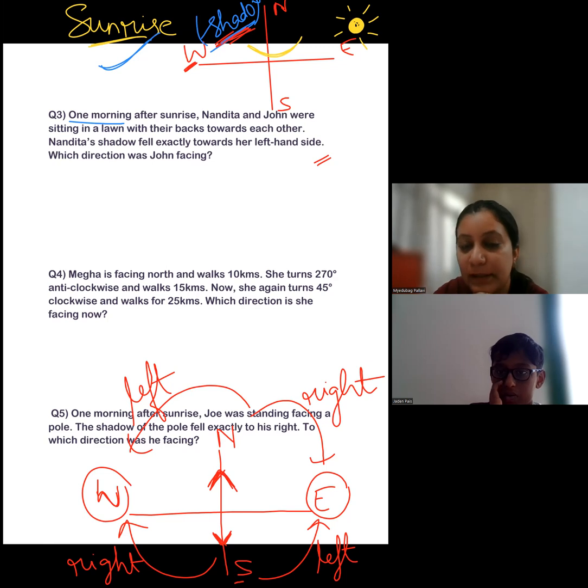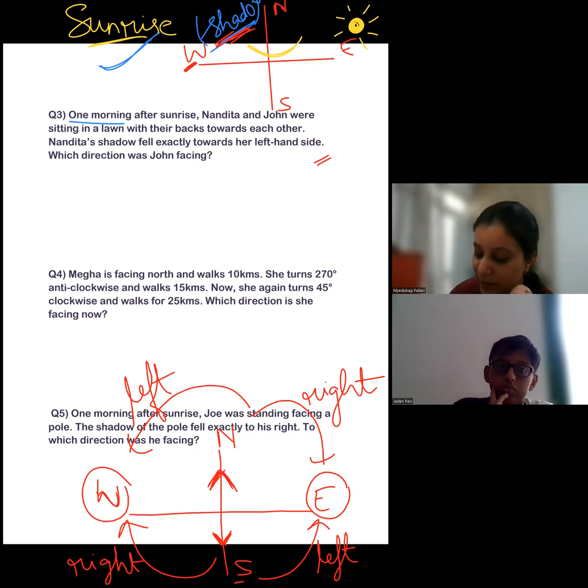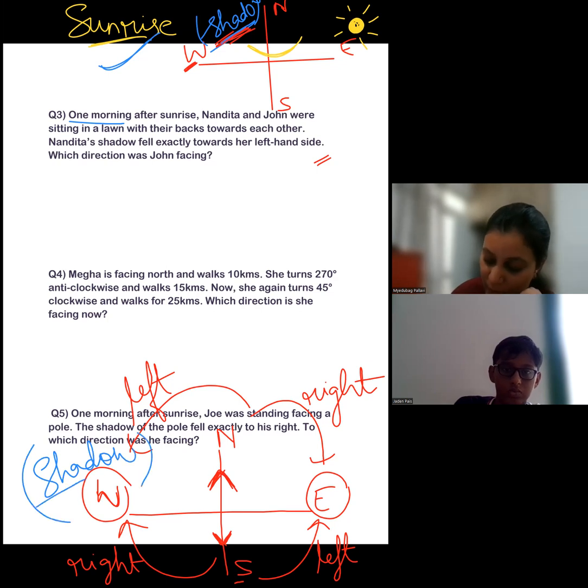Yeah. Isn't it? Because it is the morning time, shadow is in the west direction. Here, if I write it, so here is the shadow. Okay. And then it is also given that where the shadow is forming, that side is Nandita's left side.